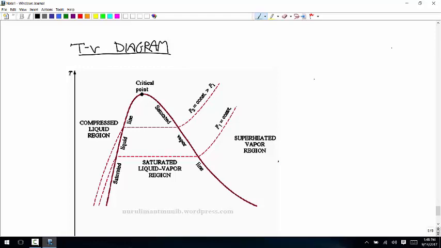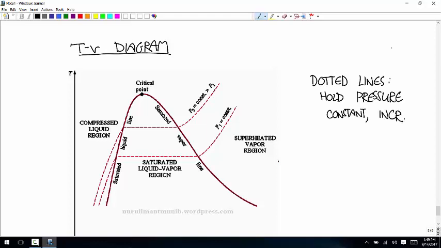So the dotted lines are what happens if you hold pressure constant and increase or decrease the internal energy.